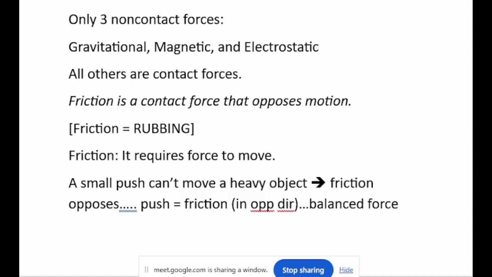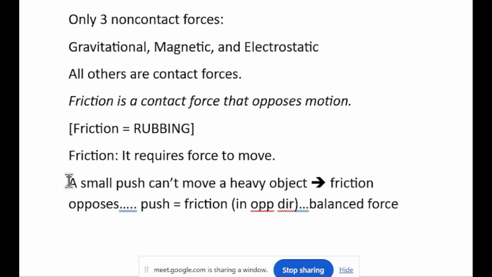So the total resultant will be a balanced force. That means net effect 0. Practically the effect is 0 and the object will not move. If two forces are equal, what will happen? Balanced force. If the two are balanced forces, then the total is 0. Okay?